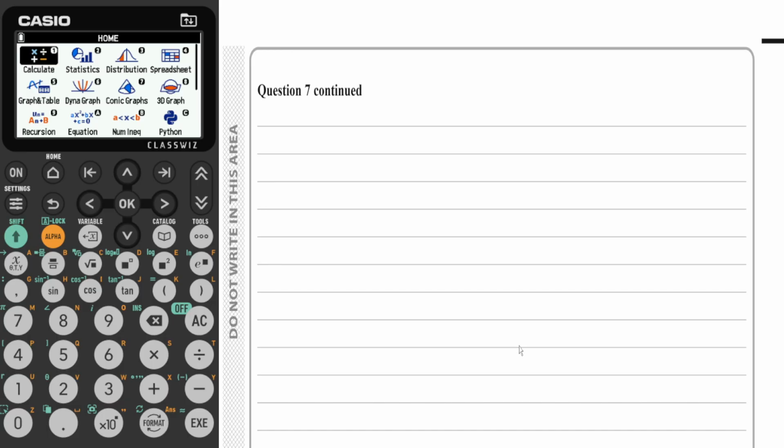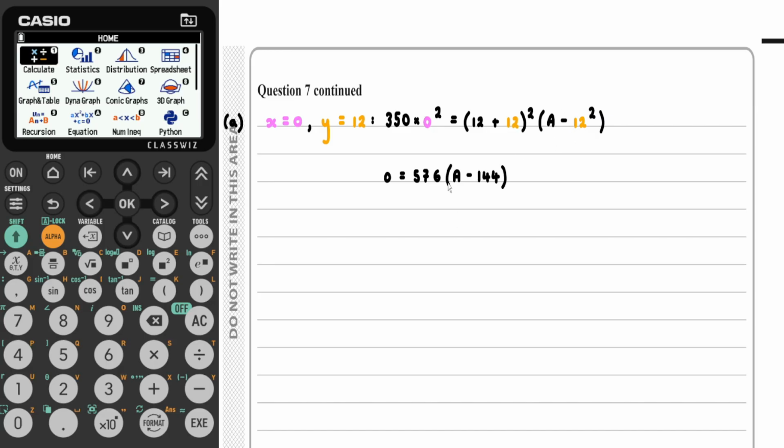For us to find out what a is, we can substitute in x equals 0, y equals 12 into that equation. So we'd have 350 times 0² equals (12 + 12)² multiplied by (a − 12²). So we have 0 equals 24², which is 576, multiplied by this bracket, which is (a − 144), meaning a is equal to 144.